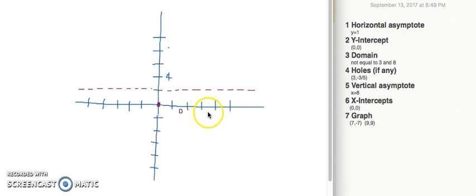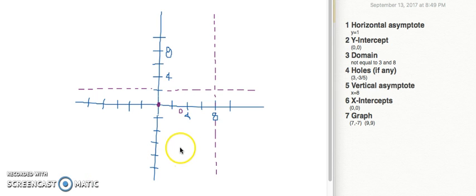Now we put the vertical asymptote, which will be 2, 4, 6, 8, where each unit is equal to 2, so 2, 4, 6, 8 here.